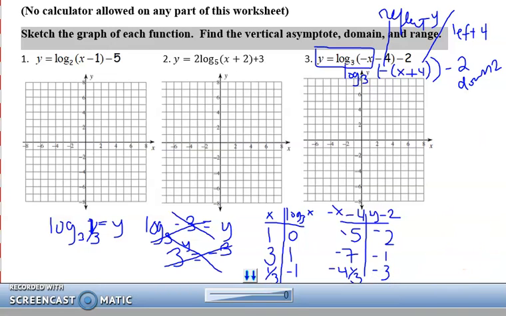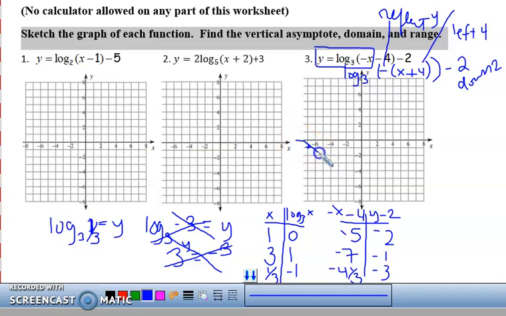So now I'm going to graph these: negative 5, negative 2; negative 7, negative 1; negative 4 1/3, comma, negative 3. And so now my graph looks something kind of like this.